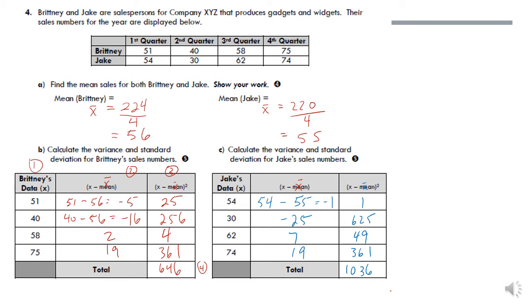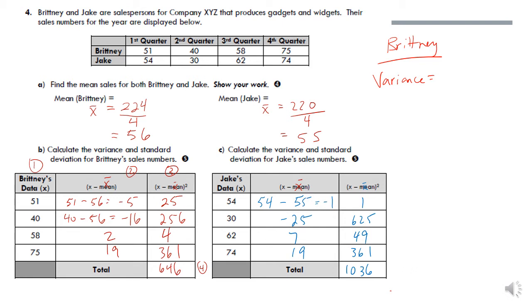So we're not done. We've got to do the variance. So let's do Brittany's. So we'll call this area Brittany's, and I'll write variance. Now I don't have it here for you, but you do have the note from yesterday. Variance is your total divided by how many numbers you have.